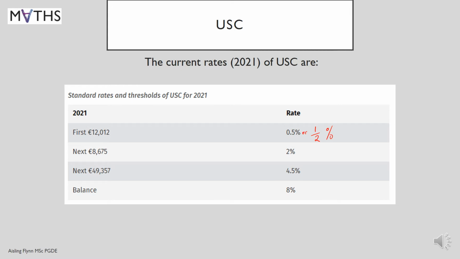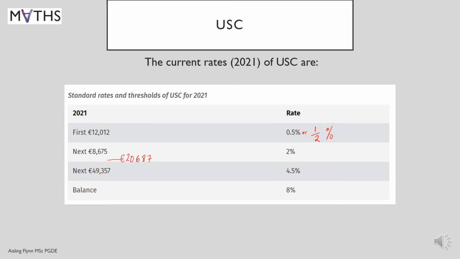If we add the 12,000 and the 8,000 number together, that brings us up to 20,687 euros. So that's where we're at now. If you earn 20,000 euros, you'll just be paying USC at 0.5% initially, and then on the second chunk 2%.